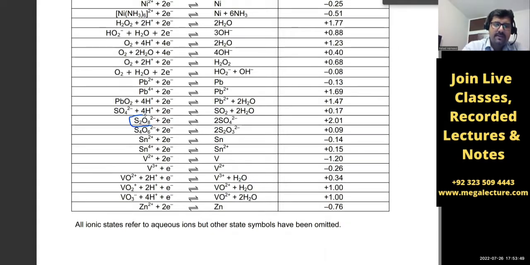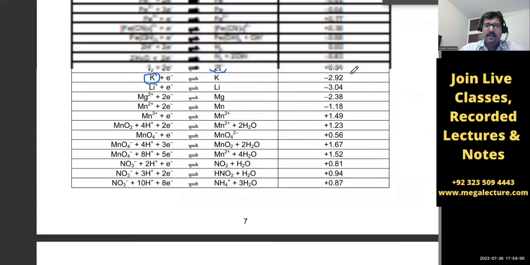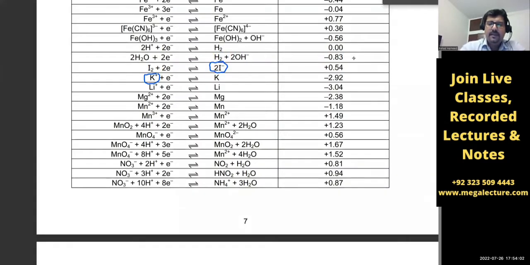So we've got S2O8 2 minus at 2.01 volts, and the rest are K plus 1 at minus 2.92 and minus 0.83.